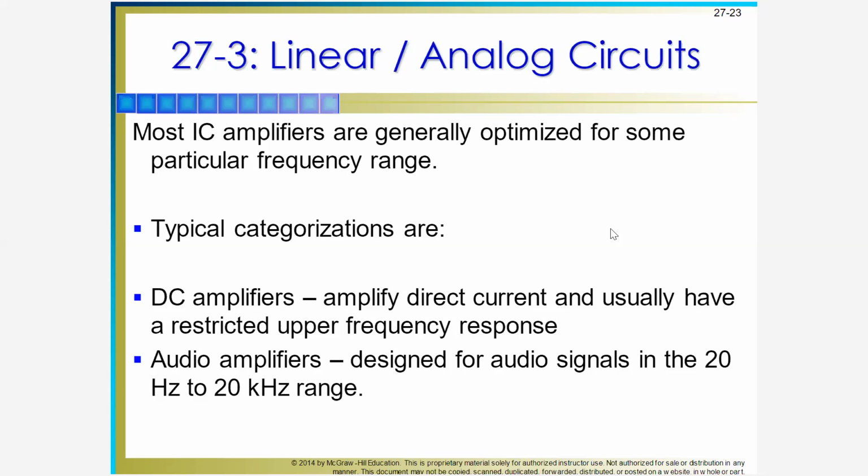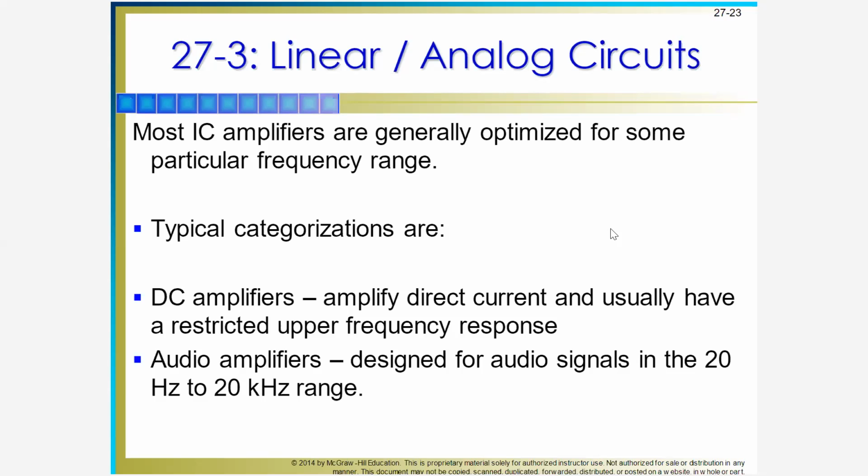What is the frequency of the sound that humans can hear? This is called the audio signal, in the 20 hertz to 20 kilohertz range. That is the standard frequency where humans can hear audio or sound.